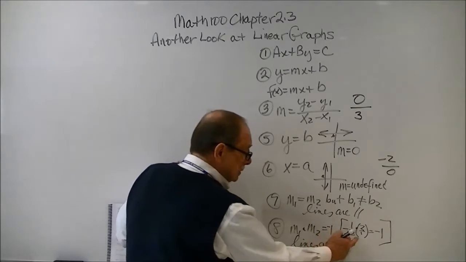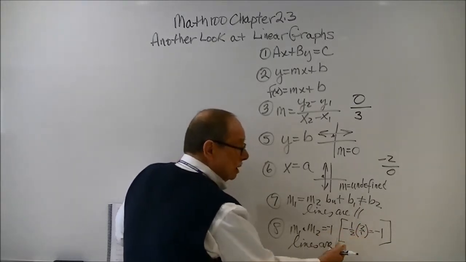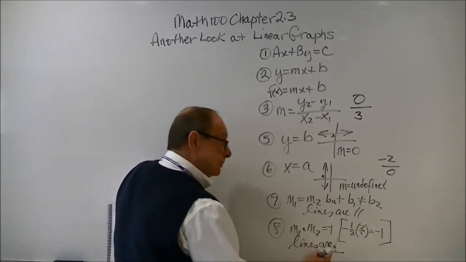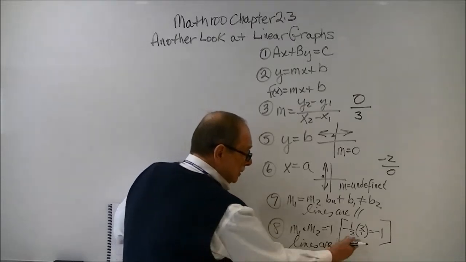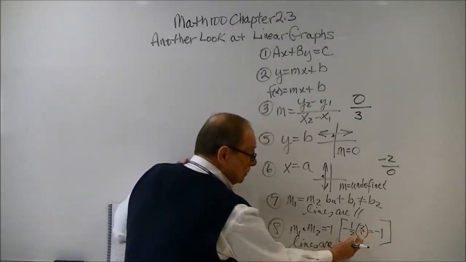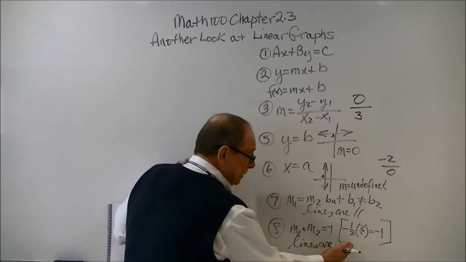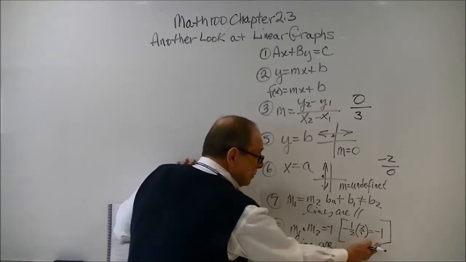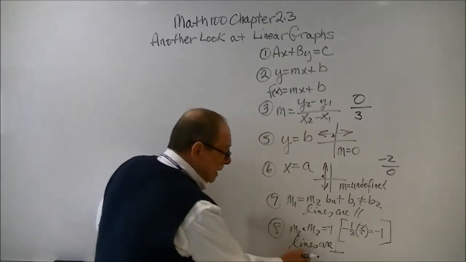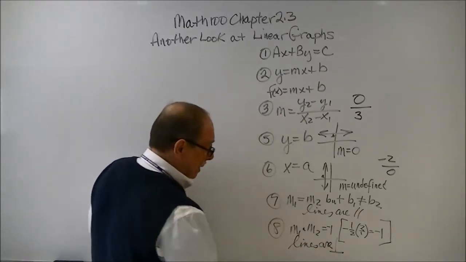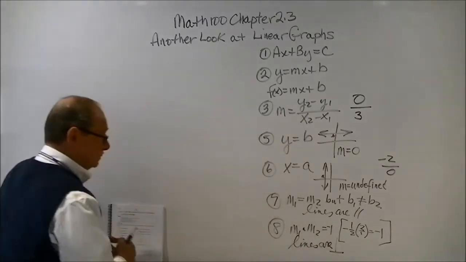So we say it's the reciprocal, but the negative reciprocal. The negative reciprocal of 2 would be -1/2, and the product of that would be -1. Then these lines are perpendicular. That's what this refers to.